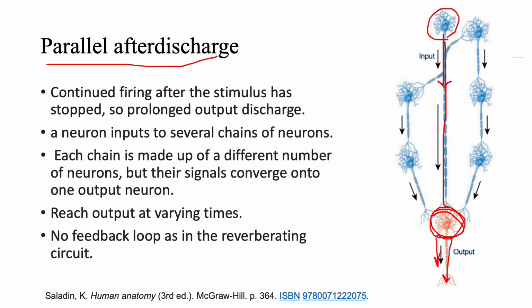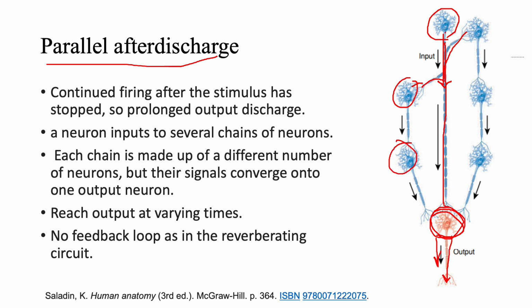So one of the mechanisms the nervous system uses is collateral branches of the same neuron that's firing, and what characterizes these branches is that they synapse with different numbers of neurons.